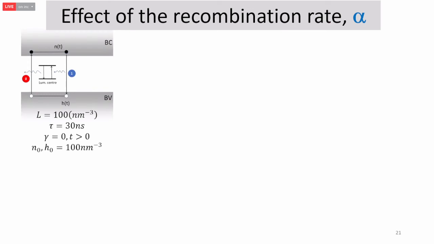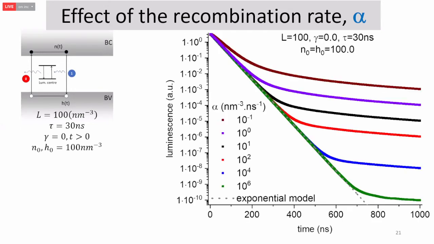But then when we start playing with other figures like the recombination rate, things start showing some interesting results. The alpha constant is increasing, moving down in this figure. When I have a very strong recombination rate, it behaves as if the energy is immediately transferred to the luminescence.